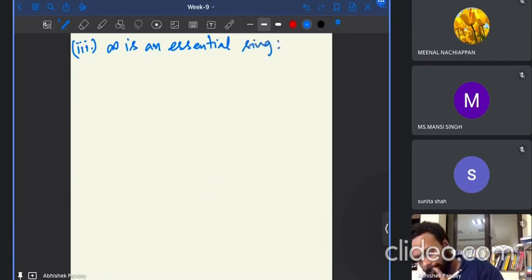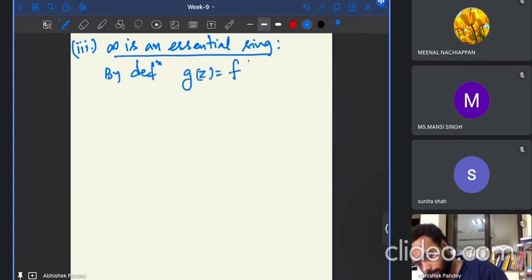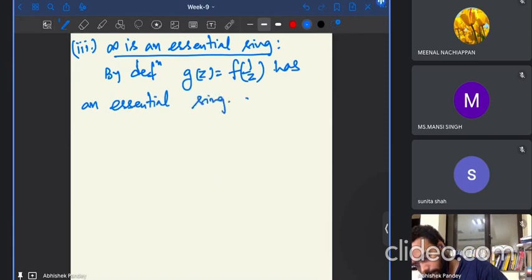By definition, g(z) equals f of 1 by z has an essential singularity at z equals 0.